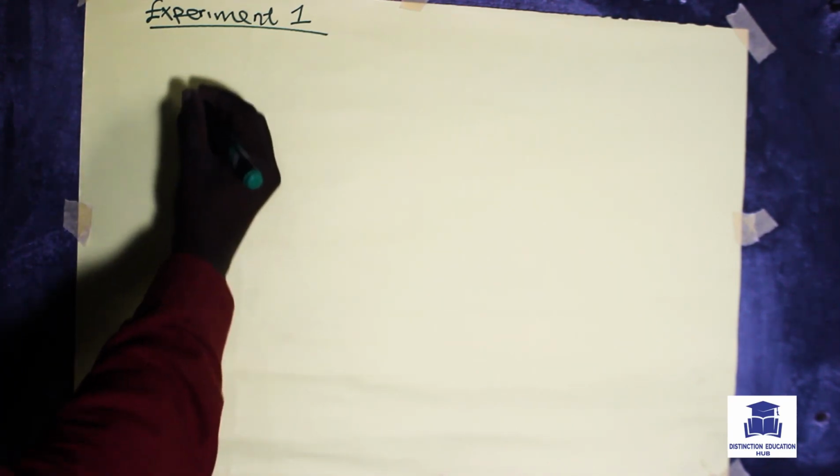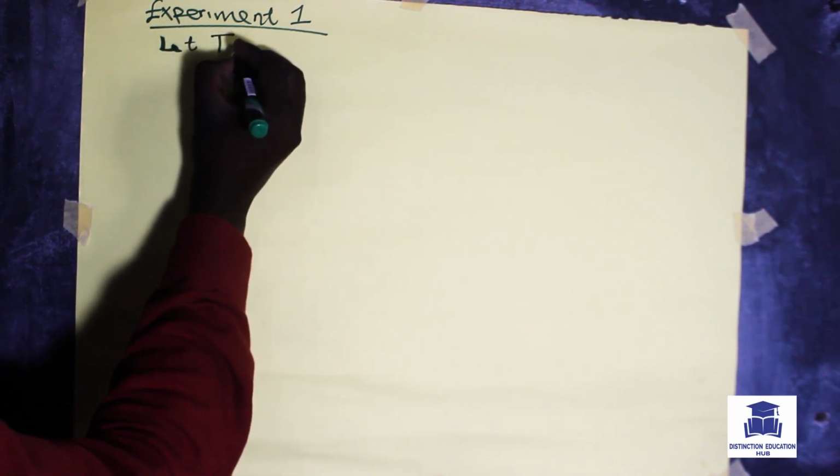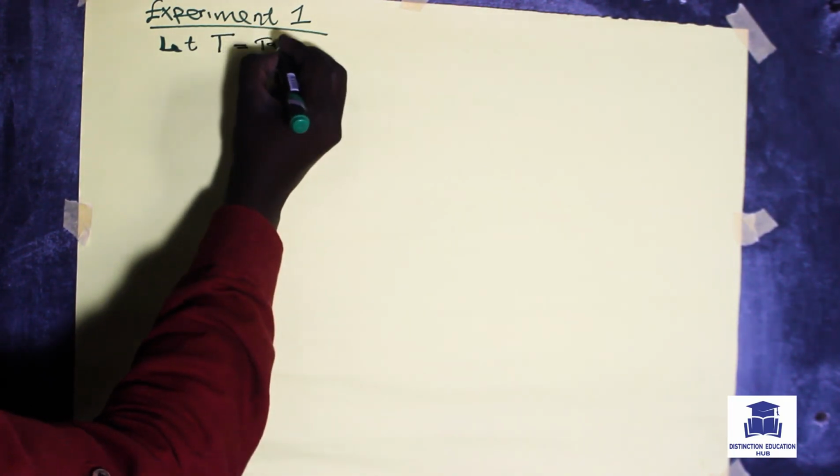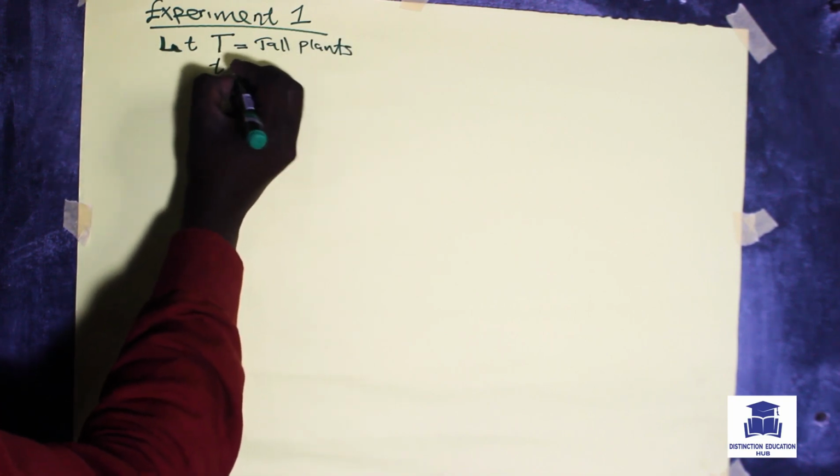So let's quickly jump in and see what we can do. Like I said, we had tall and short plants. We're going to let capital letter T be the tall plant, and small letter t be the short plant, just to demonstrate this experiment.